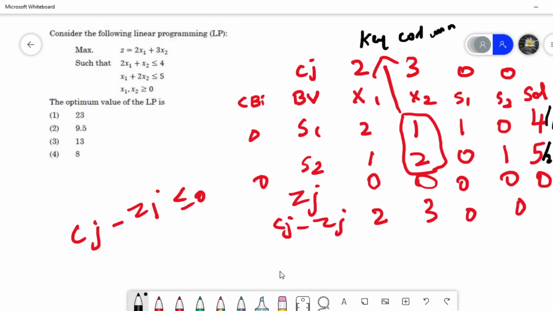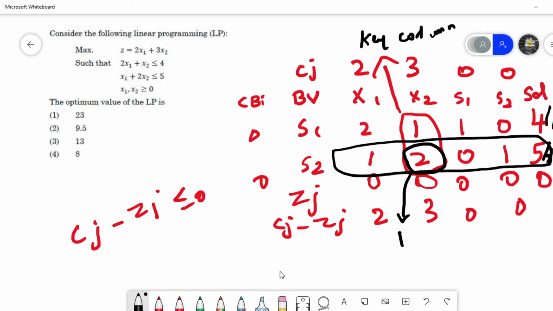Next 5 divided by 2 is 2.5. From the two values 4 and 2.5, the minimum value is 2.5. So we choose the row with the minimum value. It is our key row. This value is our key element.